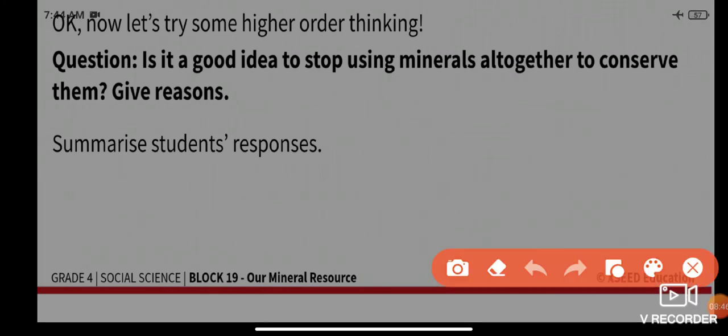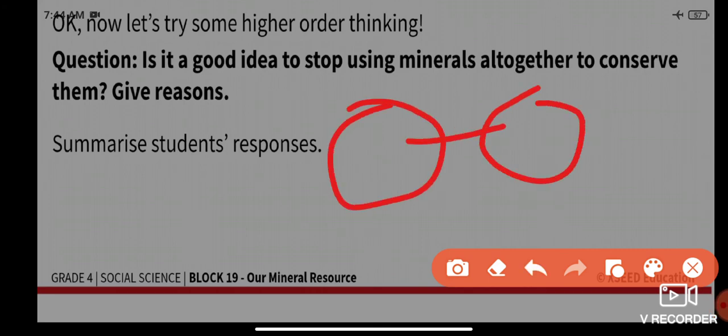Most of the cars that we use here run on fuel, petroleum and diesel, which are mineral fuels. If we totally stop using those mineral fuels, we will find it difficult for traveling and journey purposes because there will be no vehicle available. Yes or no?